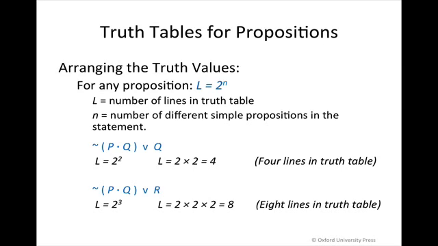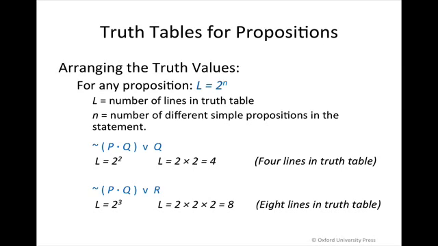Another way to put it is this: the number of lines in a truth table is going to be dependent on the number of simple propositions in the statement. So we end up with the following equation. The number of rows in a truth table is 2 to the number of simple statements. So in the first case, we have 2 simple statements.